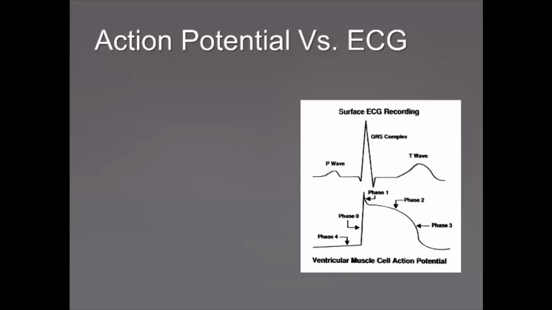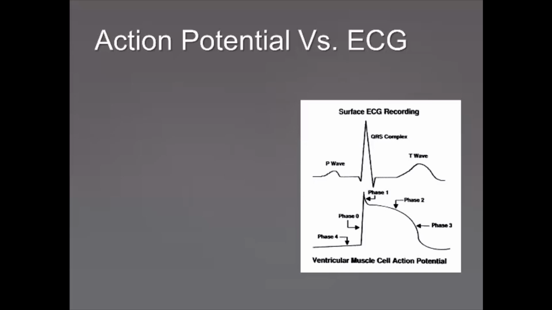The ECG shows us the net electrical movement of charge between two areas, a dipole that we set up on the body called a lead. In the next couple slides, I'll go over the way that we set up these leads in order to have an arrangement that we can get different views of the heart.